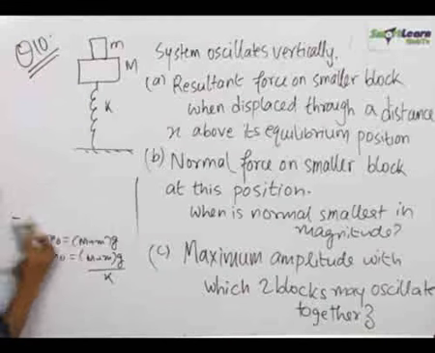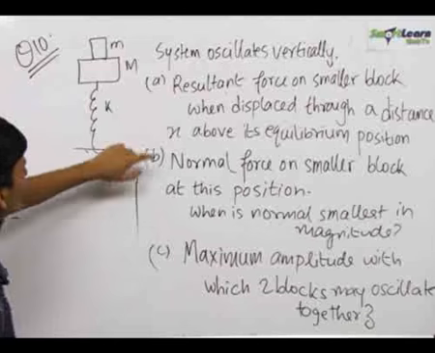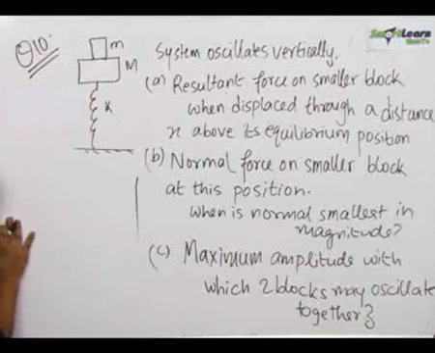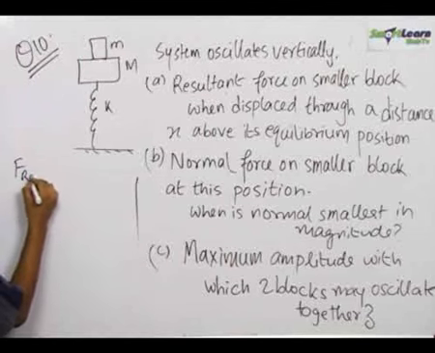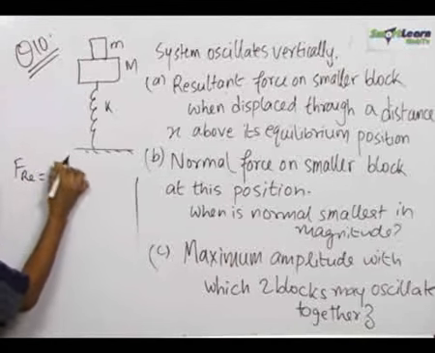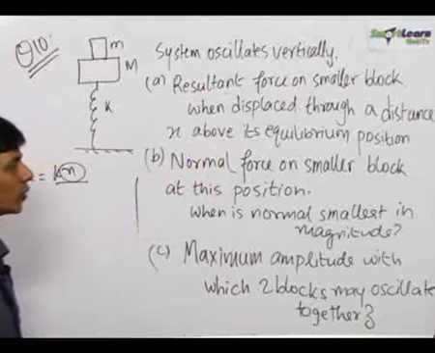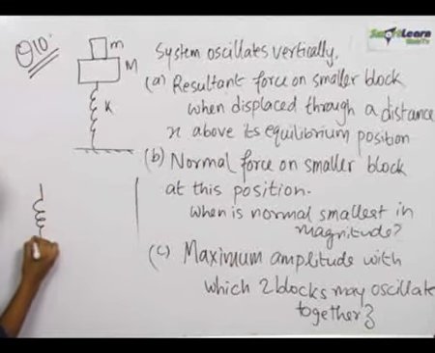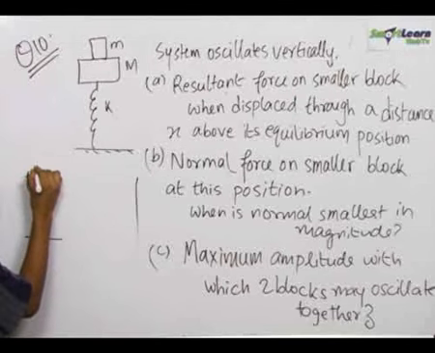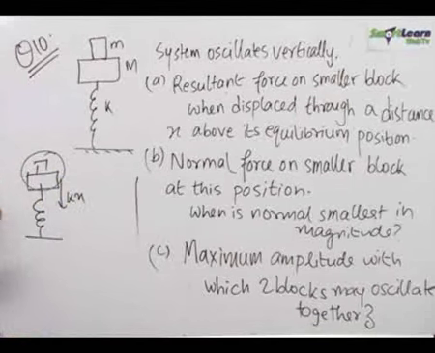Now when the block is displaced through a distance x above its equilibrium position, we know that in an SHM the restoring force is equal to k into x, where x is the displacement from the equilibrium position, and here x is the displacement in the upward direction. So the restoring force on the system is kx in the downward direction.